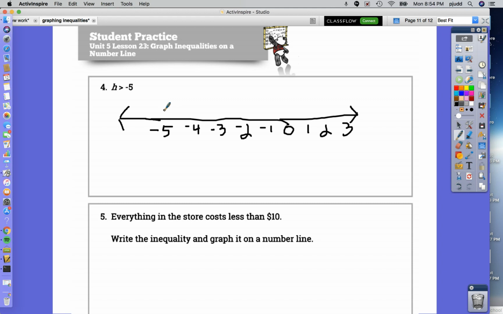Okay, so here's greater than, and I'm going to keep going to the right. But if it's greater than -5, it cannot include -5 as part of the solution set. So it is an open circle.